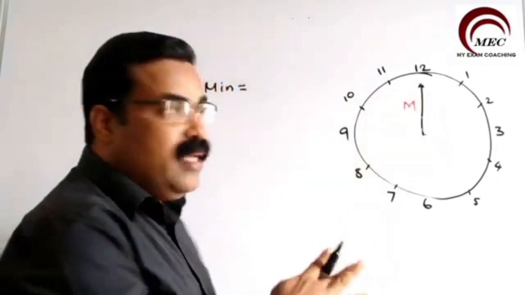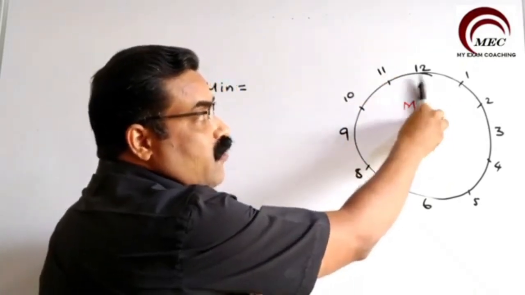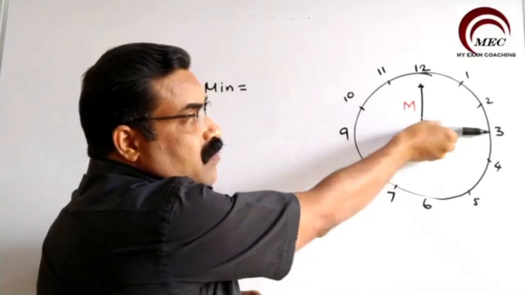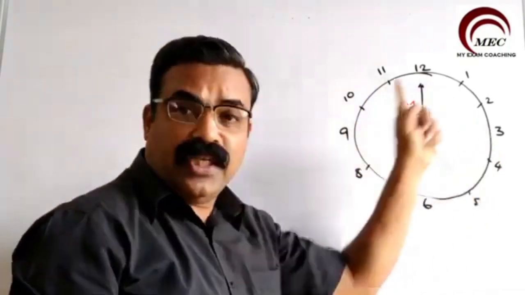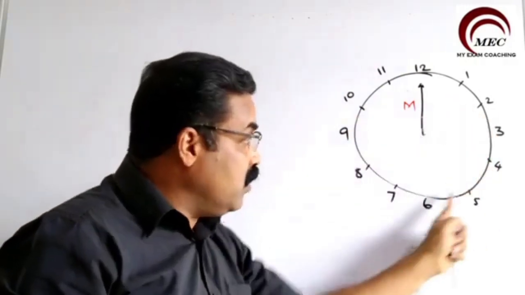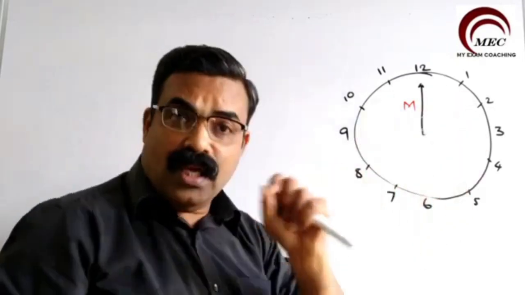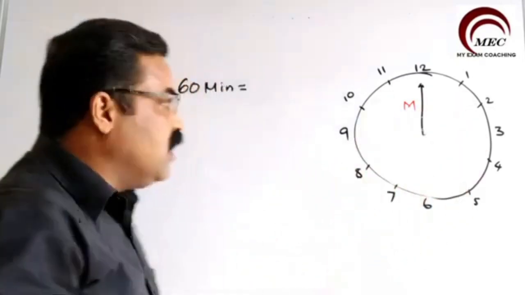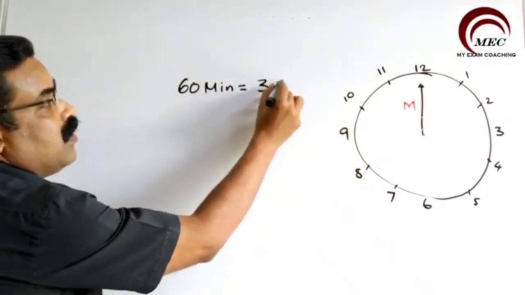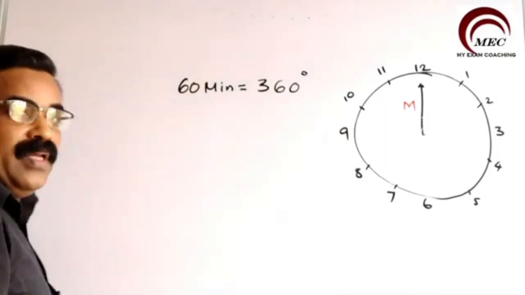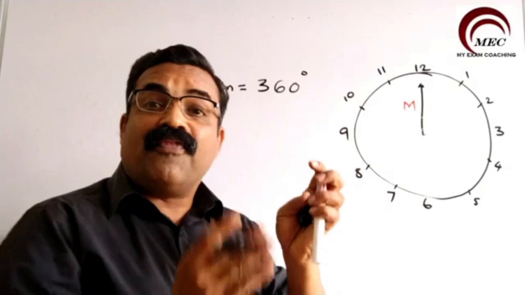When the minute hand moves from 12 to 1, this is 5 minutes, then 10 minutes, 15 minutes, 20 minutes. When it completes 1 full rotation, it makes 60 minutes, and that 60 minutes will be equal to 360 degrees angle measurement. So I can write 60 minutes is equal to 360 degrees. One of the very important concepts, students.